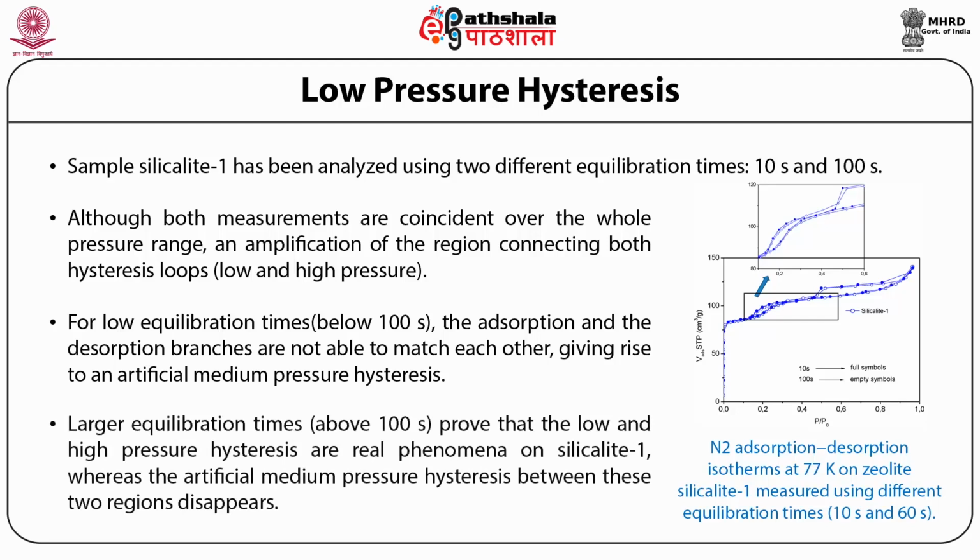Large equilibrium times, that is above 100 seconds, prove that the low and high pressure hysteresis are real phenomena on silicalite 1, whereas the artificial medium pressure hysteresis between these two regions disappears.